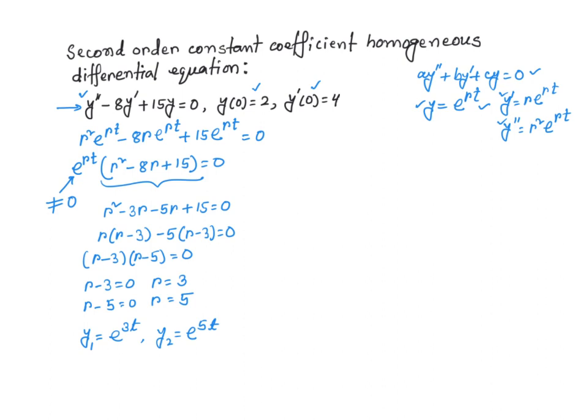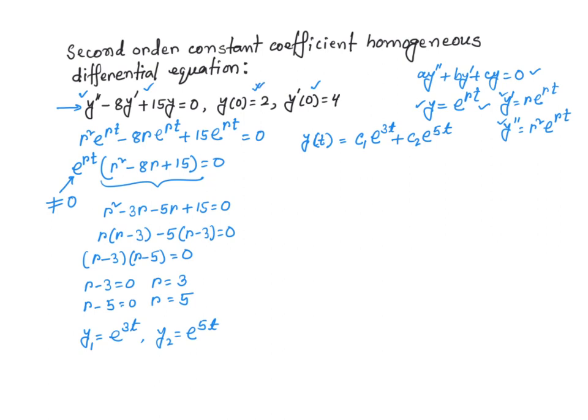So now the solution to this differential equation is going to be of the form y of t is equal to c1 times e to the power 3t plus c2 times e to the power 5t. Okay. Now, what are c1 and c2? Those values can be found from the initial conditions.